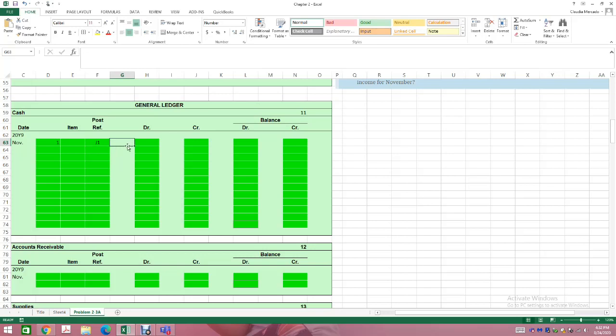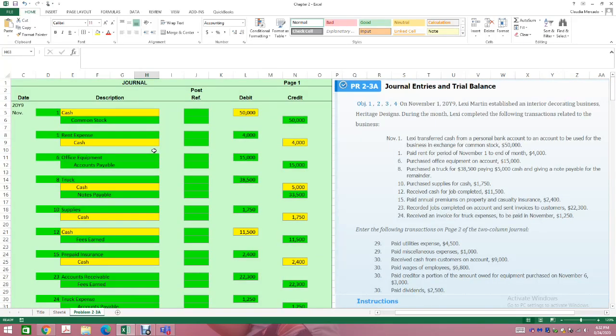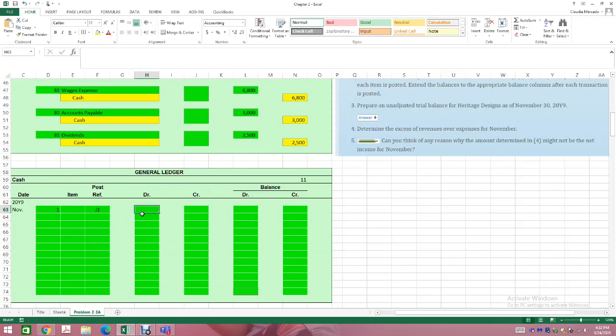Now, the amount of the transaction was $50,000 debit. So I'm going to do a debit for $50,000. And then on the last two columns, you have to keep a running total of your general ledger balance. I have a debit balance. That's all I have. So that means that my balance as of November the 1st is $50,000 debit.